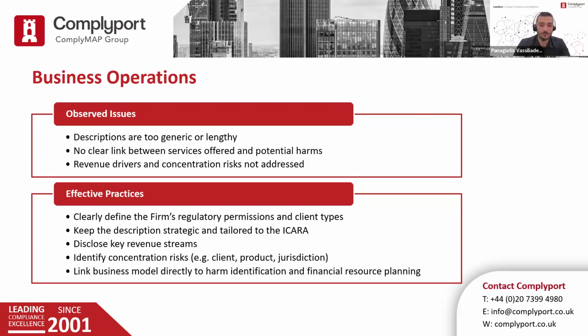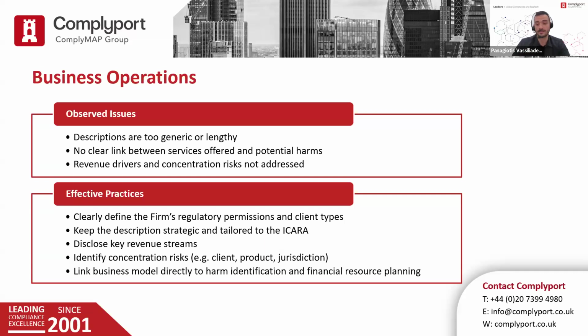So to be able to connect these operations with the next exercises, which are the risk identification, the financial forecasting, and capital and liquidity planning, you need to map the client journey, of course, from onboarding to service delivery to exit. Each stage carries different types of risk, and understanding this whole journey helps you identify where harms might arise. You need to also disclose your key revenue streams.